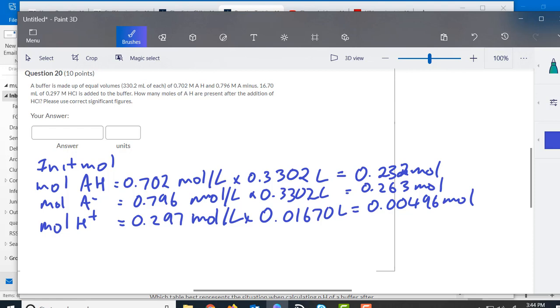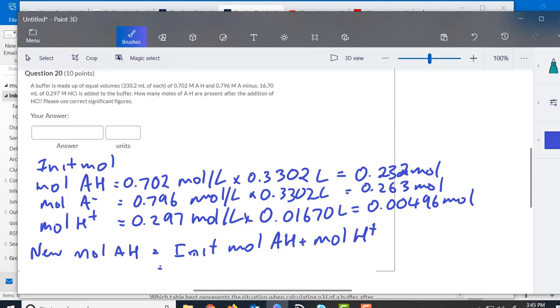Now in this instance, what we're doing is we're adding H+ into the solution. It will react with the A- and turn it into AH. So what's going to happen is that the new moles of AH here, I'll put new here, will be the initial moles of AH plus the moles of H+.